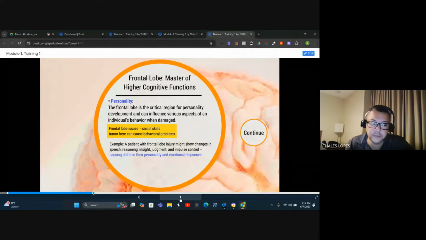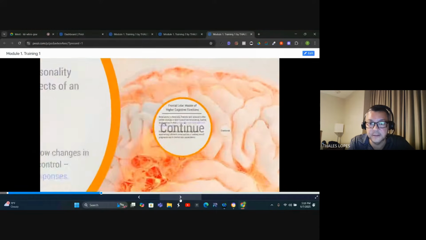Now, impulse control, remember, has a lot to do with ADHD as well. So, causing a shift in personality, emotional response, it is part of the frontal lobe, or prefrontal cortex.